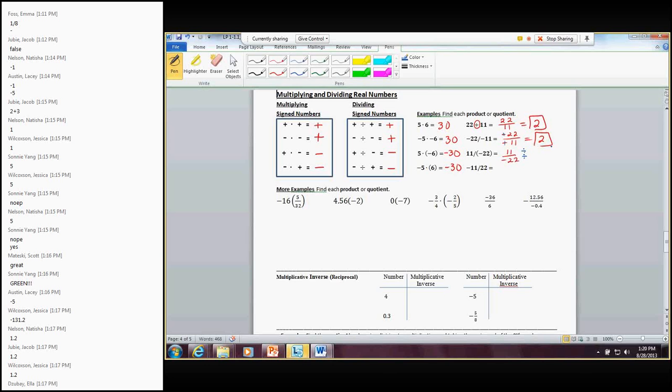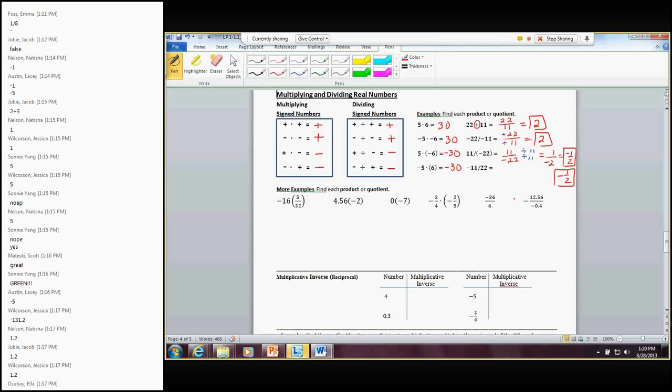You're right, though. 1 divides into everything, but 11. So 11 divided by 11 is 1. And I bet you that's what you were thinking of, Naomi. And negative 22 divided by 11 is negative 2. Do not leave your answer with a negative in the denominator. Either put it in the numerator or leave it out to the side. But do not leave a negative in the denominator.